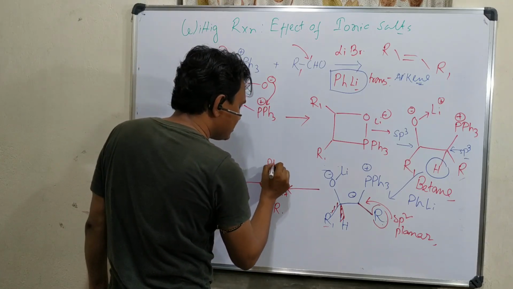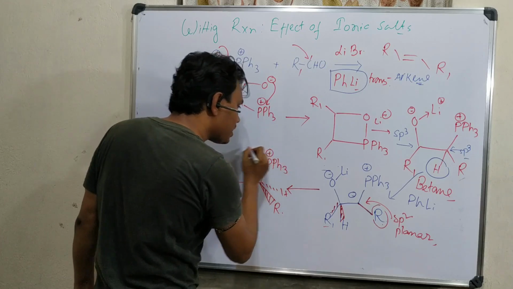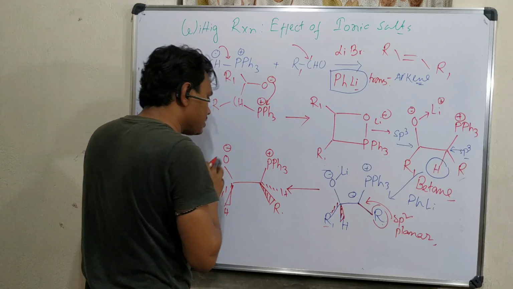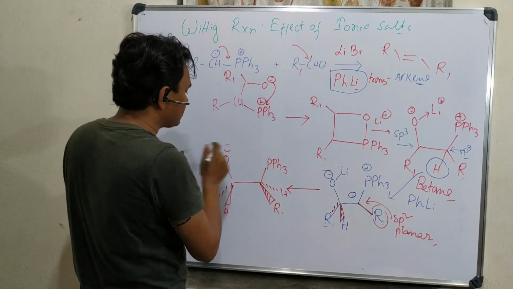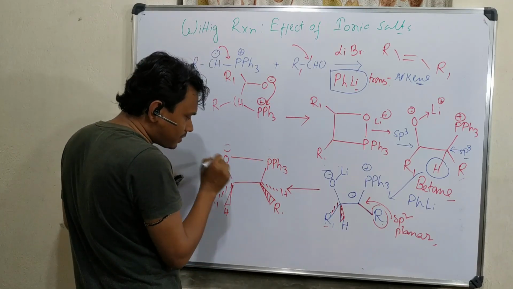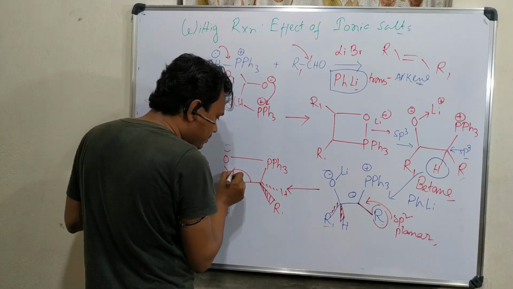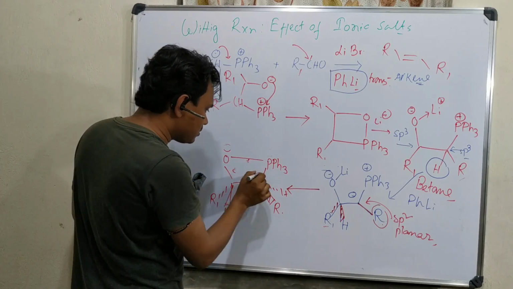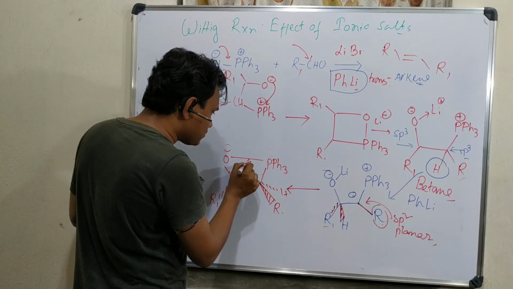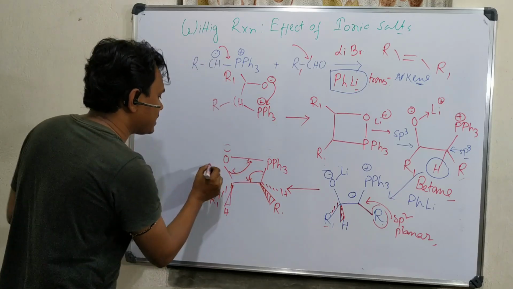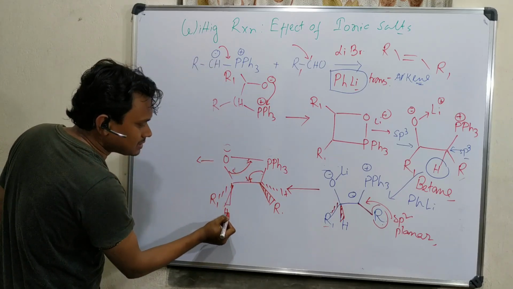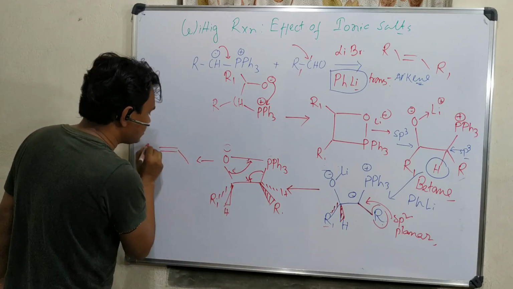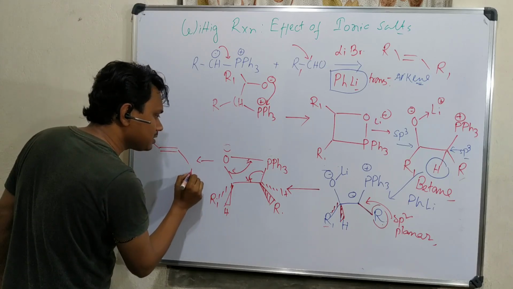After that, this PPh3 plus and this O minus will react together, meaning they will form the bond again, and after formation of this bond it will break. Sorry, I made a mistake. This will go, this will come, and it will produce this. It's a hydrogen and R on the same side, so it's actually a trans alkene.